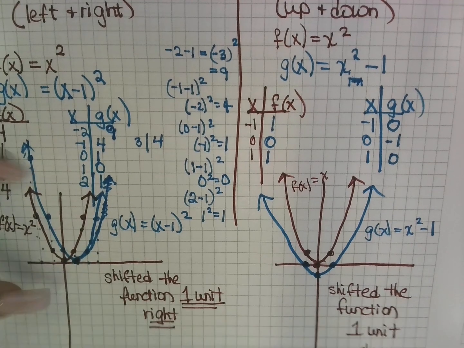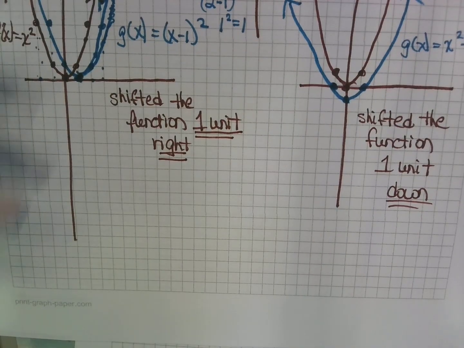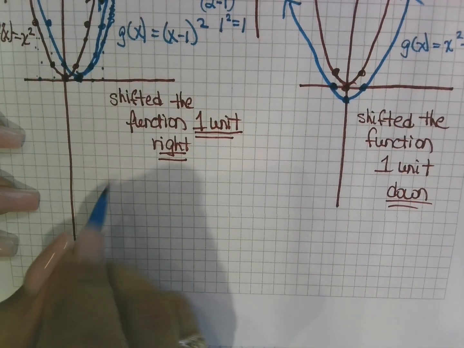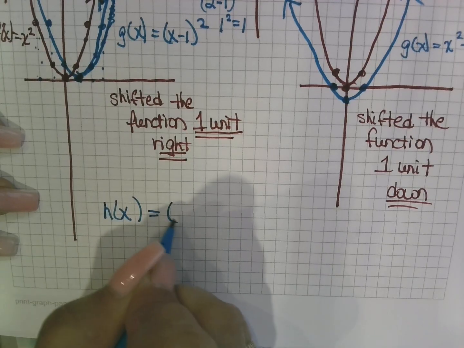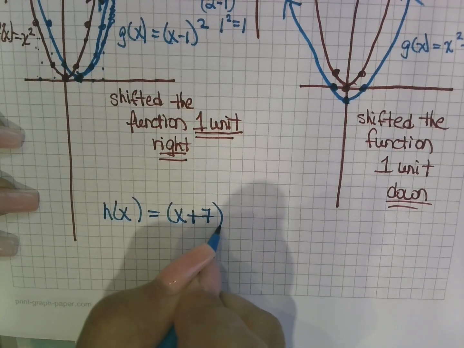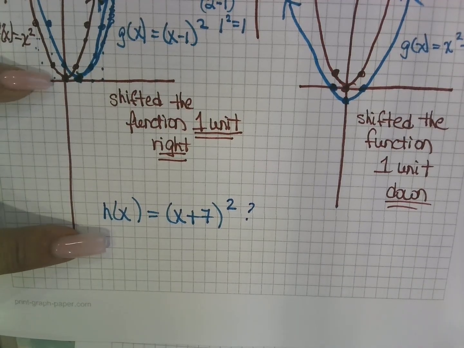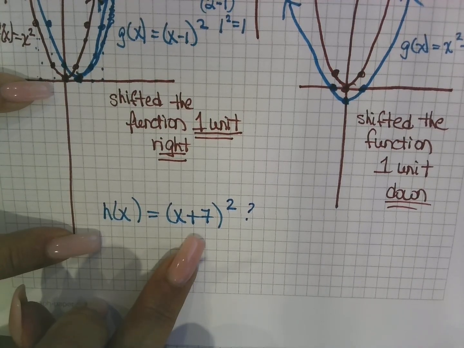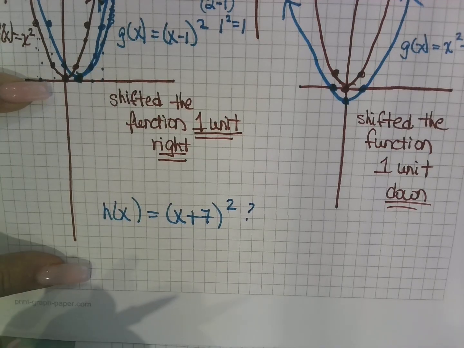All right, so knowing this, let's go down just a little bit. What would h of x equals (x plus 7) squared do to the function? What is that transformation when there's a plus 7 inside the function?